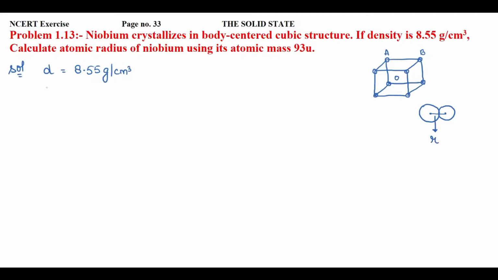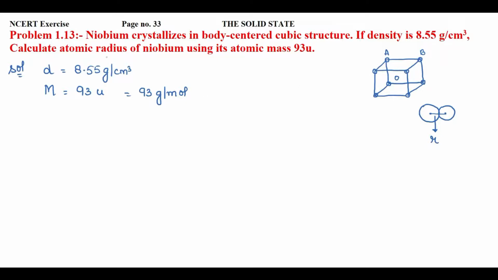Now they have given you atomic mass M equal to 93 unit. This is atomic mass of one atom. So we have to take the atomic mass of 1 mole of atoms, that will be equal to 93 gram per mole. That means 1 mole of atoms of niobium is equal to 93 gram, right?